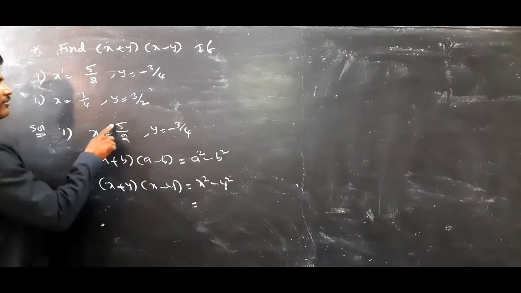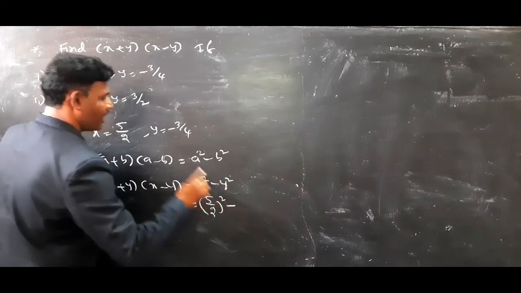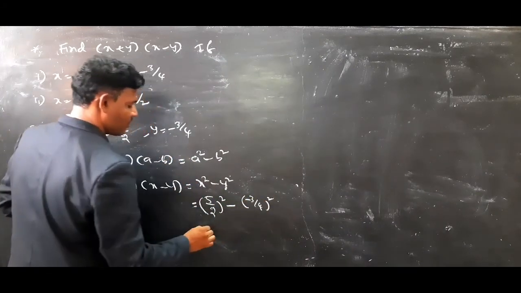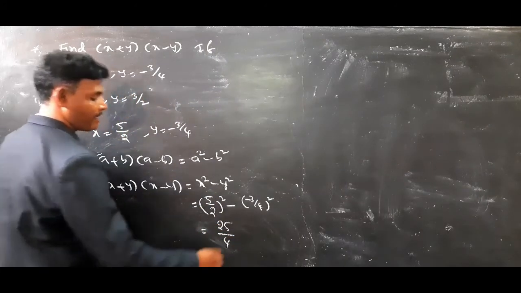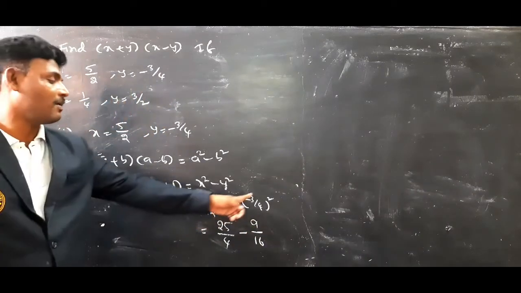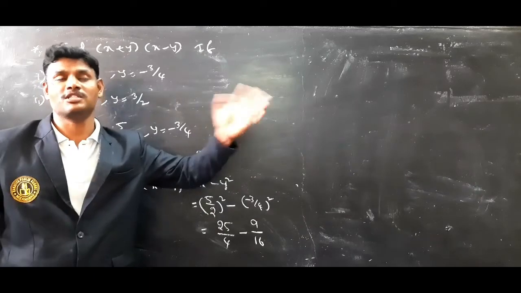So what is the value of x here? (5/2) whole square minus (−3/4) whole square. (5/2) whole square is 25/4, minus this 9/16. Why? Because the power is an even number, and an even power always gives positive.